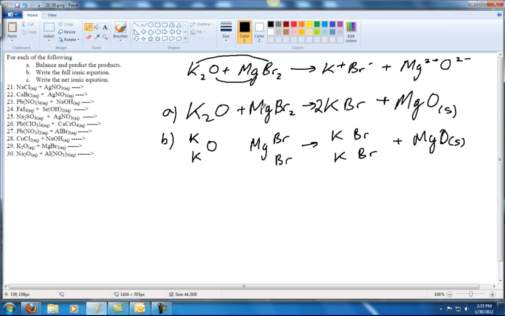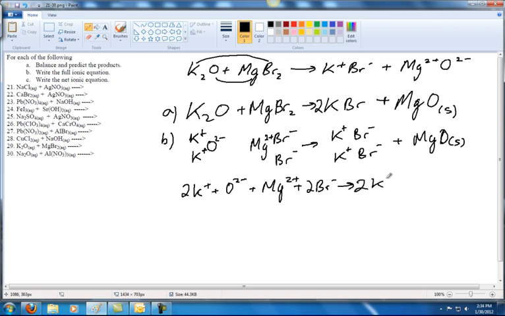So looking at the charges, we can just grab them from up here. We've got plus, plus, -2, +2, -1, -1, plus, plus, negative, negative and negative. Again, we get the charges from up here where we found them earlier. Alright, so now writing all this out, I'm going to have 2 K+, and I'll have an O2-, have Mg2+, and 2 Br-.